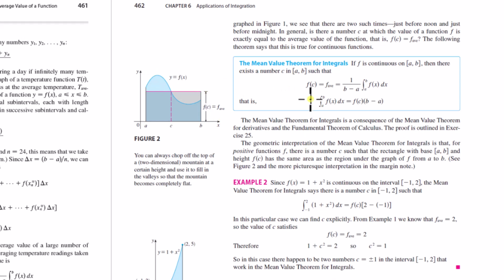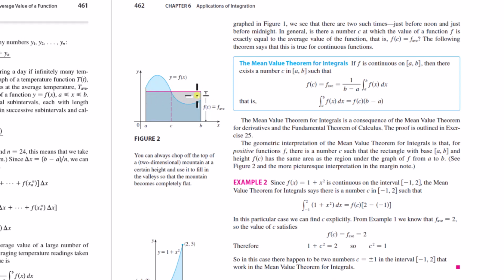What this is illustrating is one way you can think about the mean value theorem geometrically. If you're dealing with an interval where the function is always positive, then when you evaluate the function at f of c, the height of the function is equal to the average value.